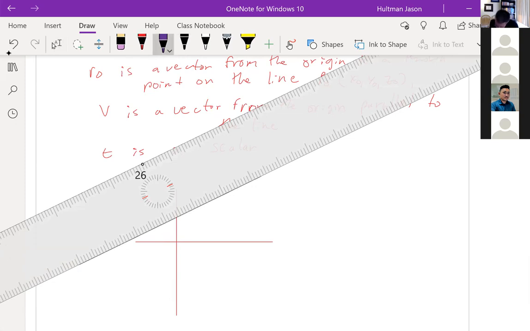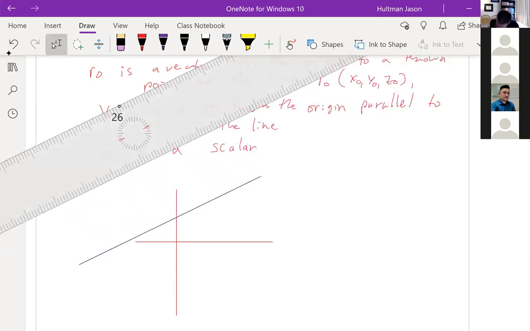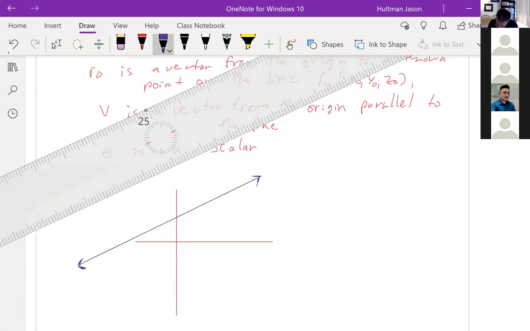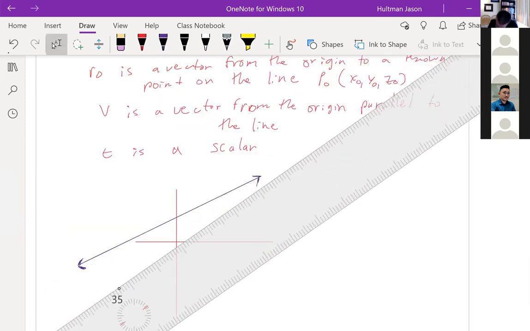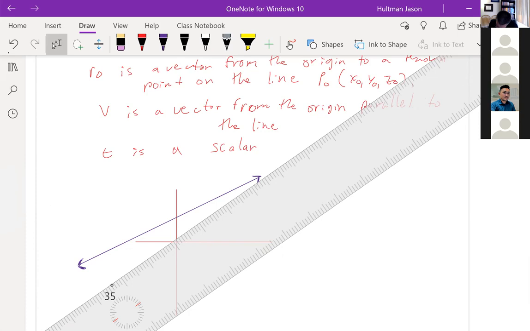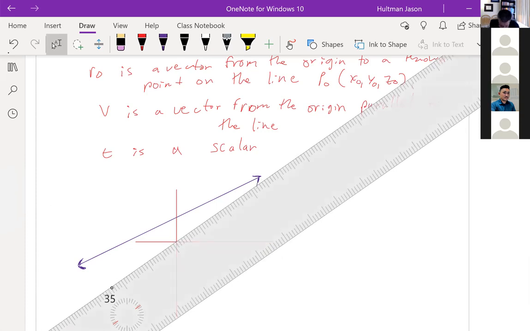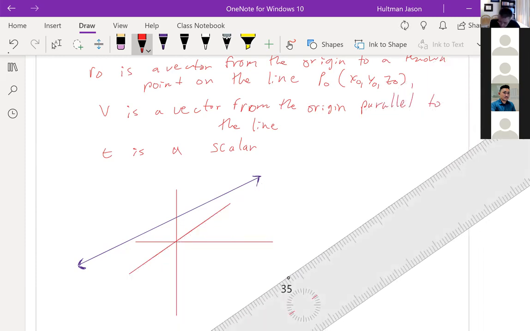There's my line, and I want the equation of the line. Again, this is in 3 space. This is a line in 3 dimensions, a line in space.